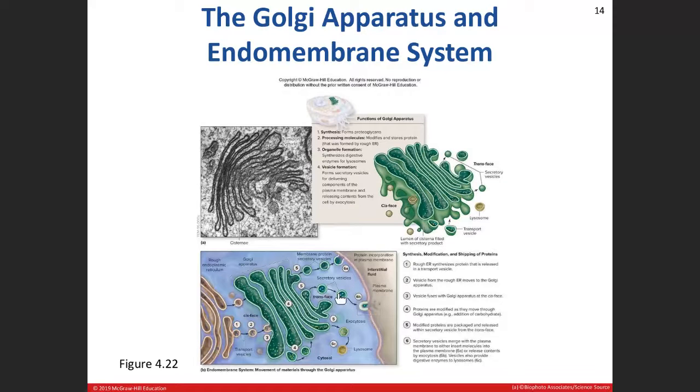It can go right here to the plasma membrane, fuse with the plasma membrane, and shoot its contents out here outside the cell, or maybe we've got to repair the plasma membrane or add some receptors into the plasma membrane. It can fuse with the plasma membrane, and then we include whatever into the plasma membrane for whatever our purpose is.